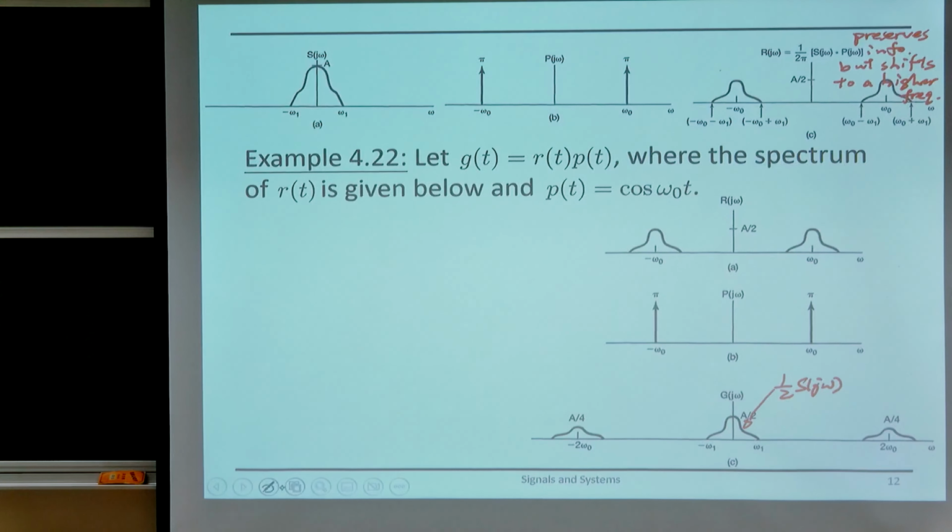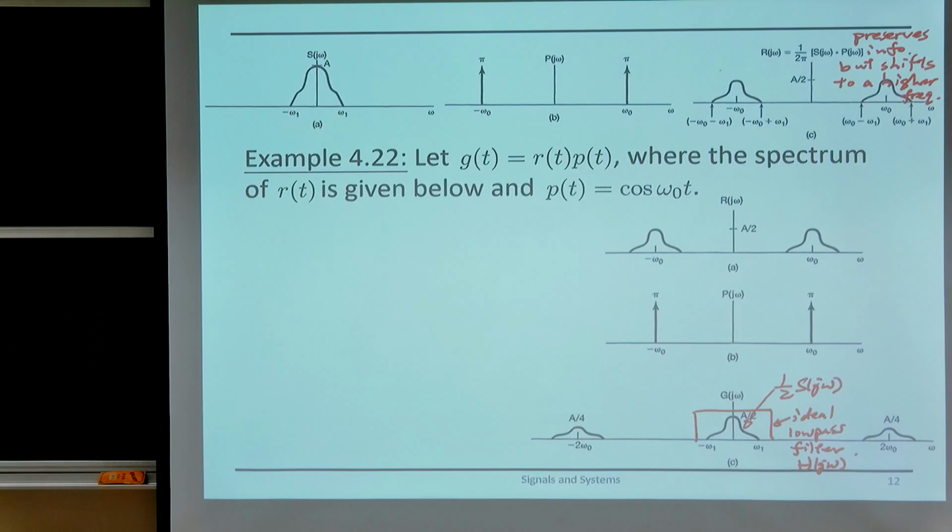And you will need to extract this out by passing this G through an ideal low-pass filter. Okay, so let's call this H of j omega.